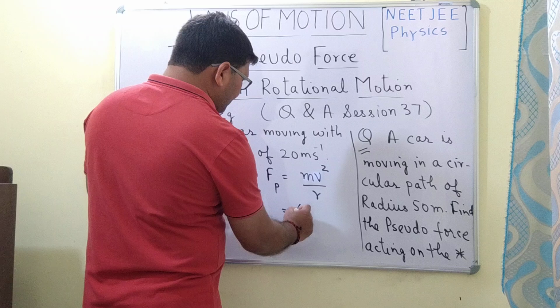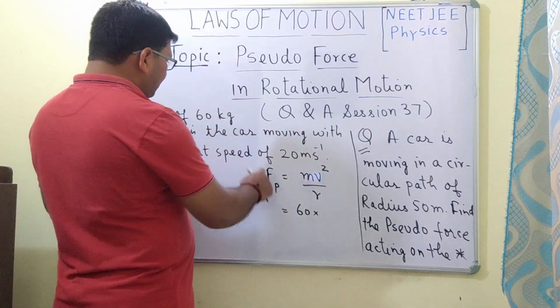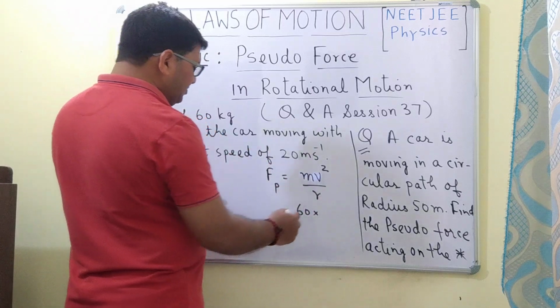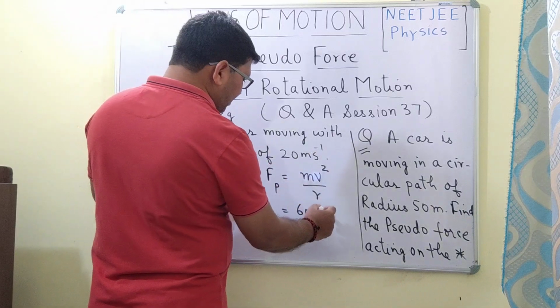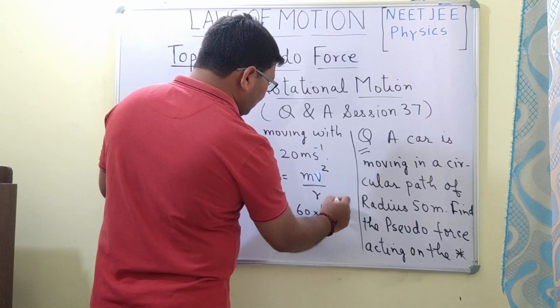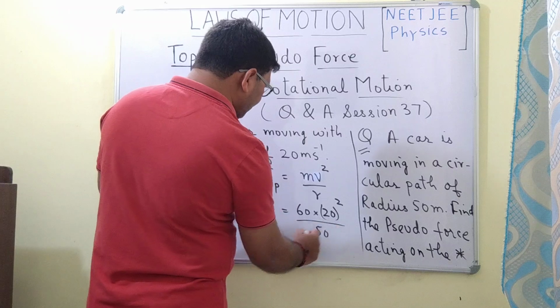Here the pseudo force acting on the man will be equal to mv square by r, where m is the mass of the man. So this is equal to 60 times v squared, where v is given to us as 20 meter per second, divided by r, where r is given to us as 50 meter.